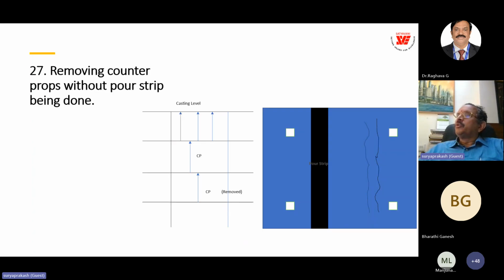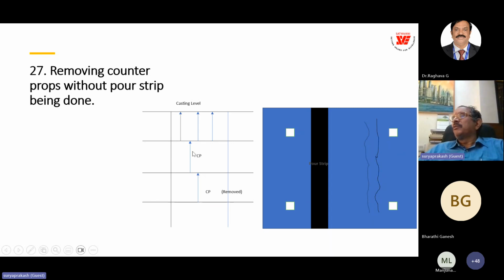Next is the removal of counter props. This is another interesting case study of post-tension slabs. This was a 14-story building in which our design brief clearly mentioned that if you have a pour strip planned and the pour strip is not closed, you must have 2 levels of counter props.